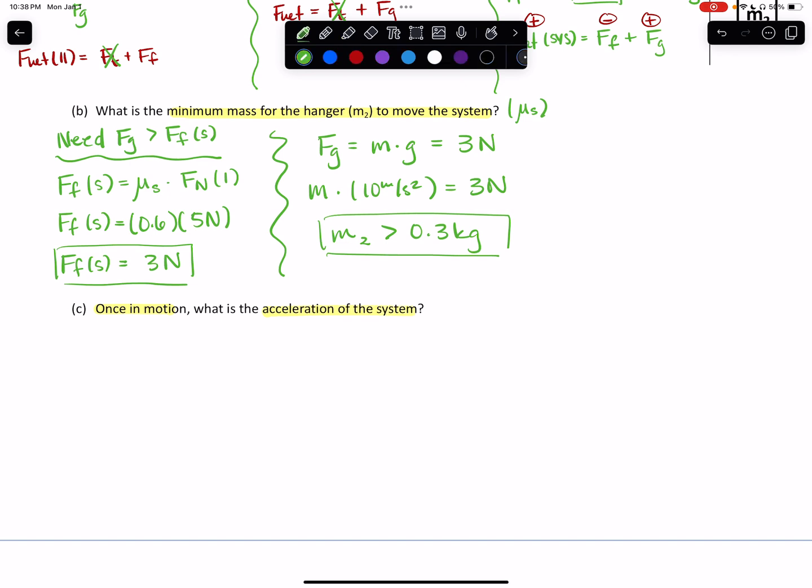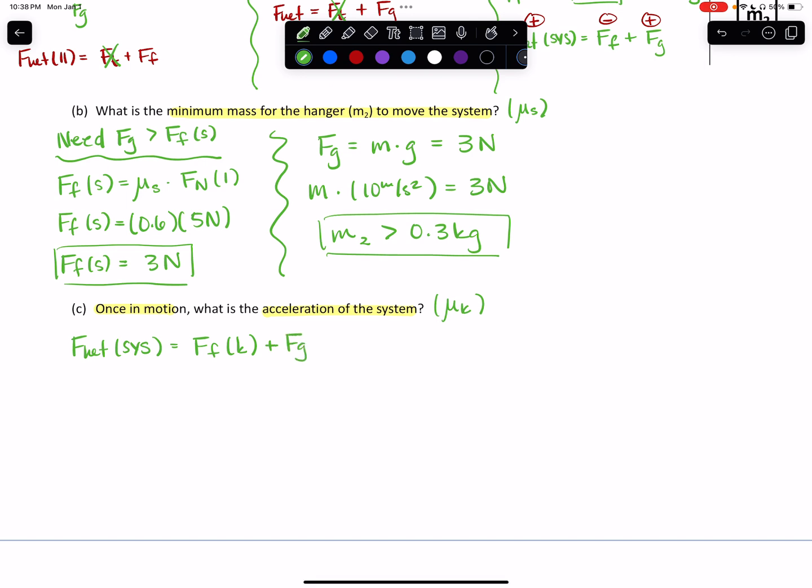Now next part says once in motion, what is the acceleration of the system? That means we're going to be dealing with the kinetic friction component. So I know that the net force for the system is equal to my frictional force kinetic plus that gravitational force.